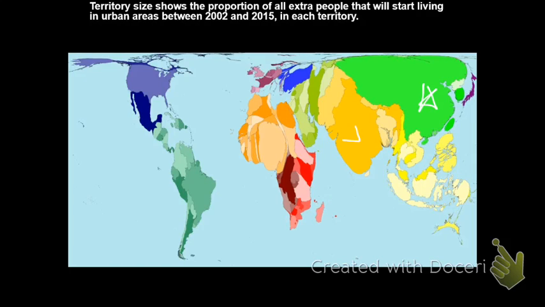We can see China, India, Nigeria, Turkey, Indonesia over here, Mexico over here. These are areas where we can see that urbanization has had the greatest impact. Now, conversely, you can see that some areas do not expect to see much change in their urbanization.